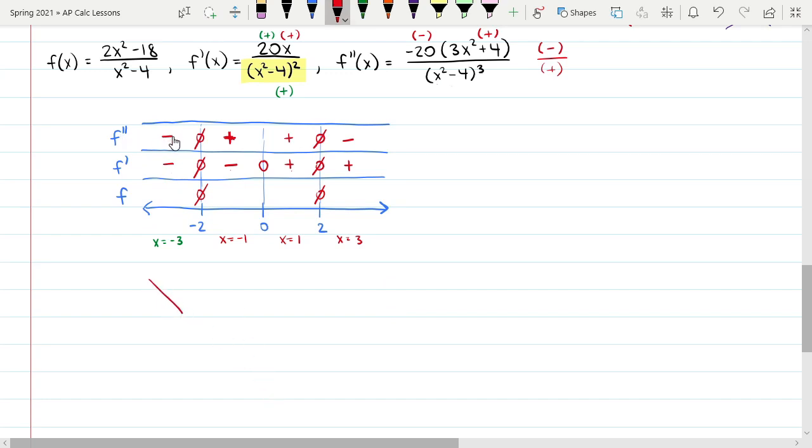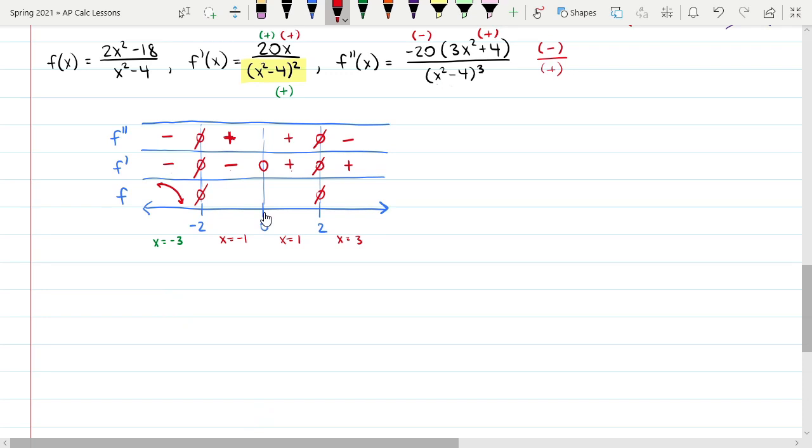And f double prime is also negative, which means my graph should be concave downward. So from negative infinity to negative 2, for f, I'm going to just draw that shape. Again, it's decreasing and concave down, and that's the shape that our graph should have.